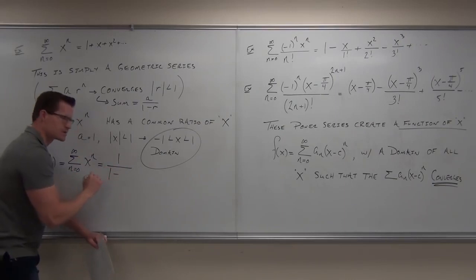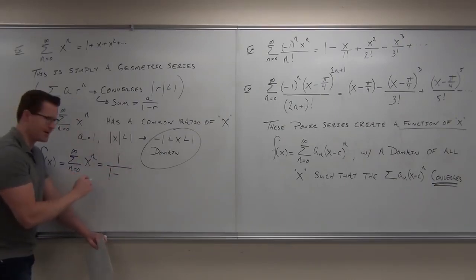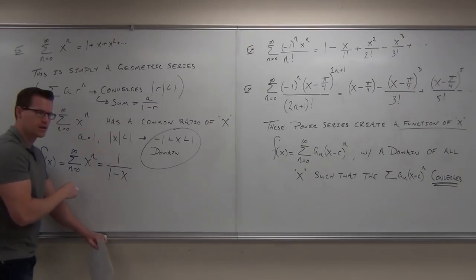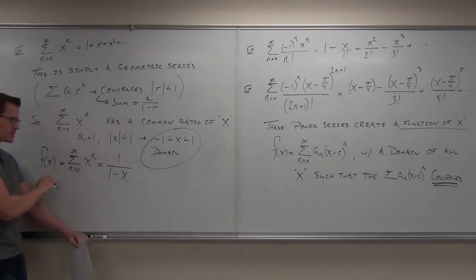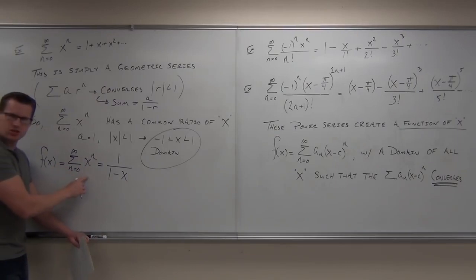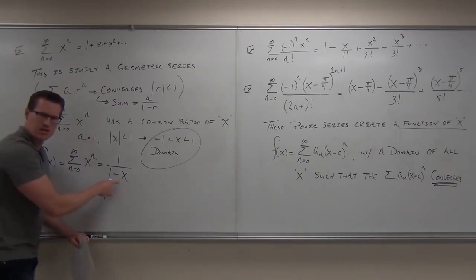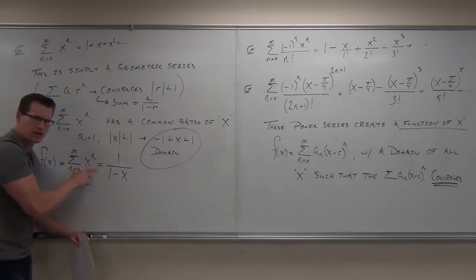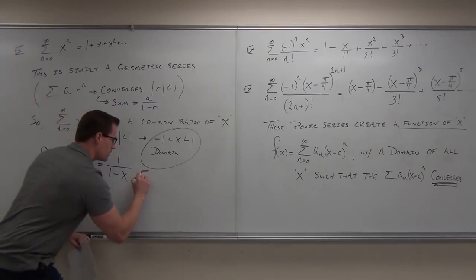Over 1 minus r. What is our r? X. The common ratio is r, or in this case, x. Put it all together, folks. Do you understand that's a function of x? Do you understand that's geometric and will have a sum? Do you understand that this sum is only valid when this thing converges? And when does this thing converge? Between -1 and 1.